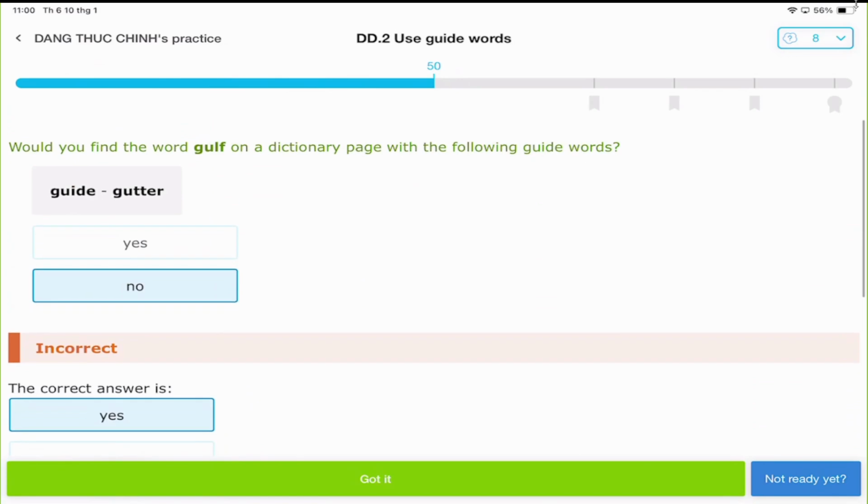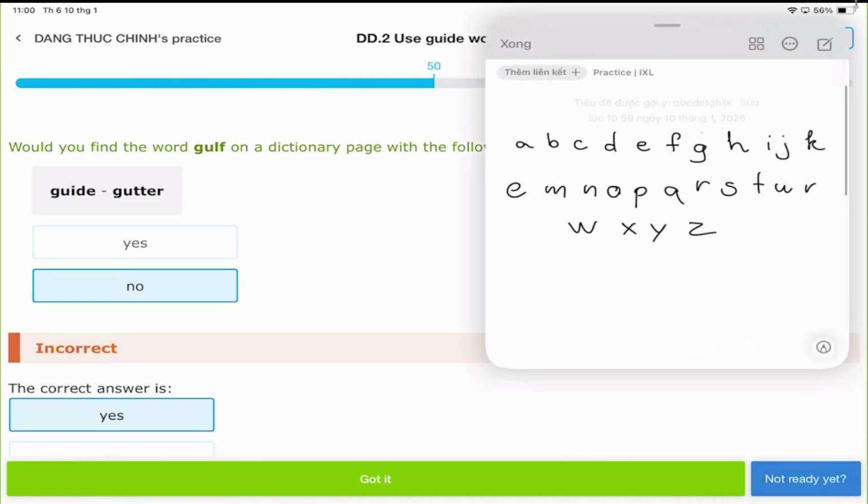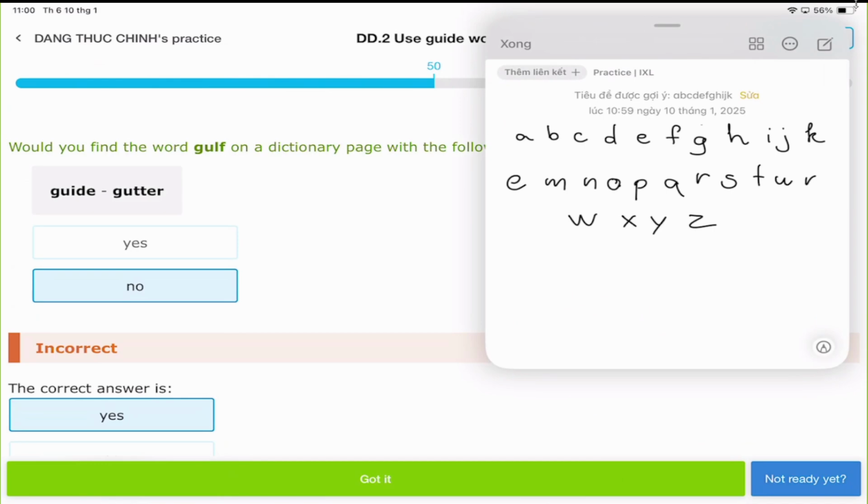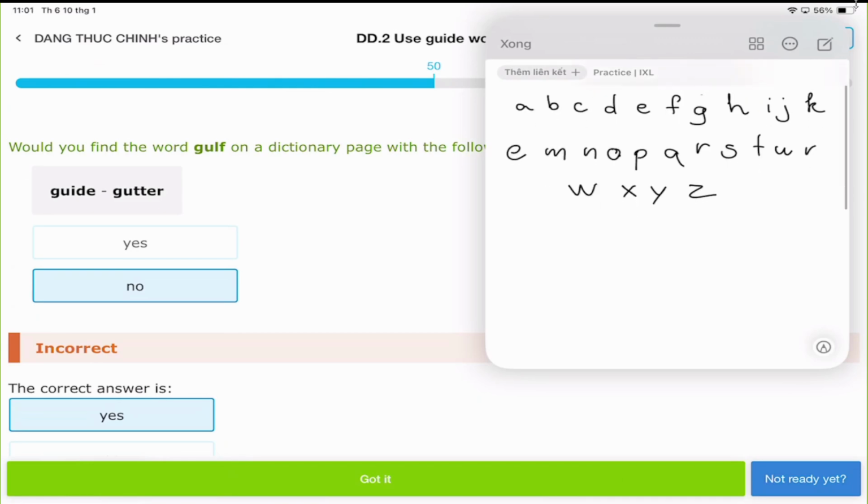So I forgot, I looked at the second word, not the third word. So I'm wrong. And by the way, between I and T, where's L? Here's L, but it looked like an E. So sorry.